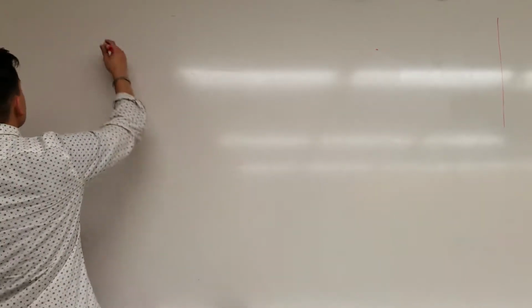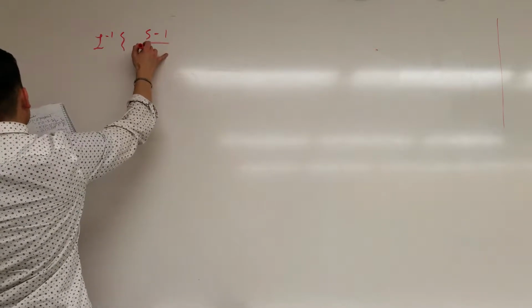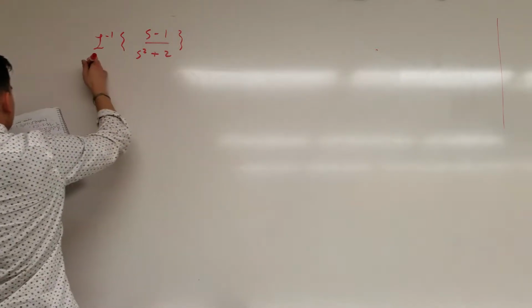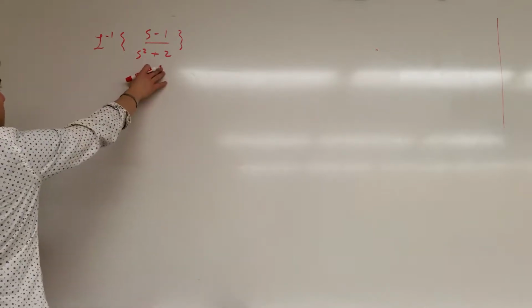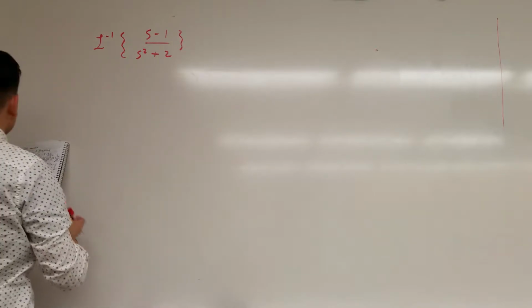Okay, so this is a much more, not complex, but it's a little challenging. Okay, so I have the inverse Laplace of this function, right? I need to find that. So what would you do?